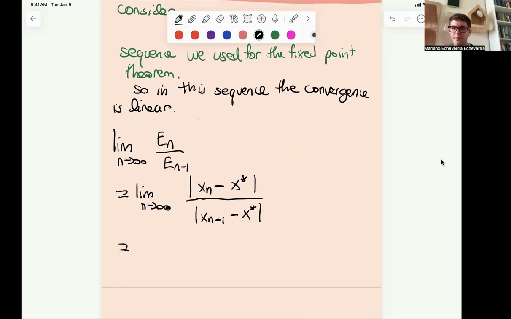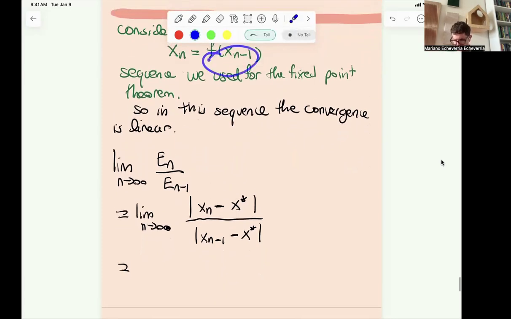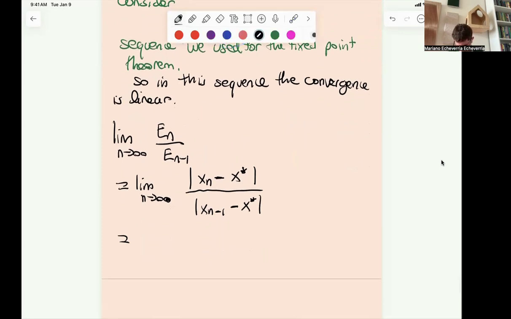Okay, so we have to estimate this limit. So what is xn? We have to use the fact that xn is f of xn minus 1.